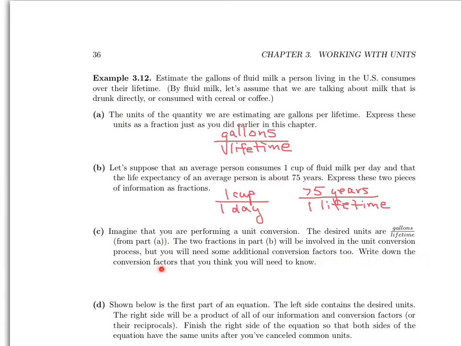Write down the conversion factors that you think you will need to know. So again, imagine that we were doing a unit conversion and these are the desired units, these are the given units. So the question here really is, what conversion factors do you need to multiply these 2 quantities by in order to obtain these units after you've done the conversion?